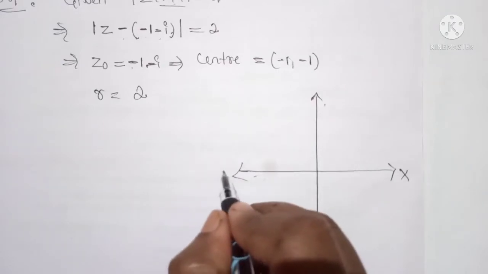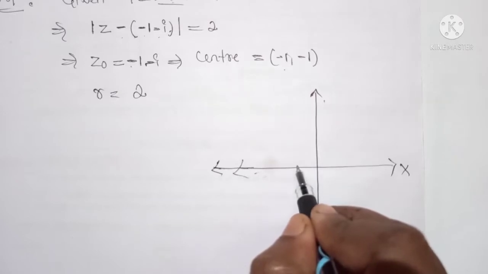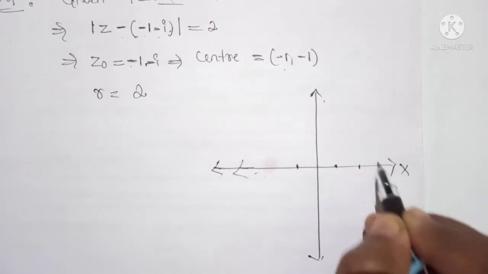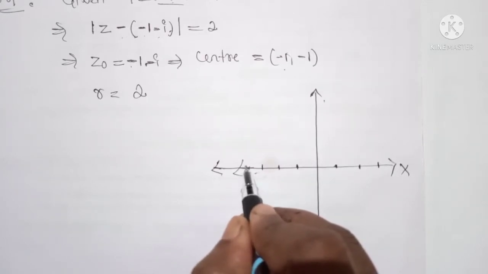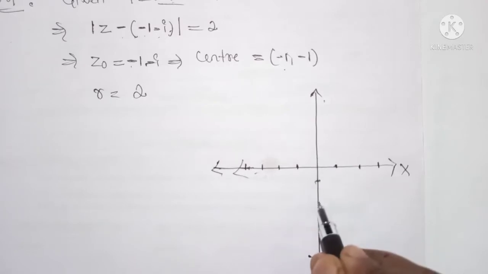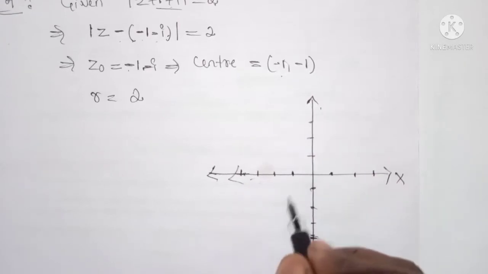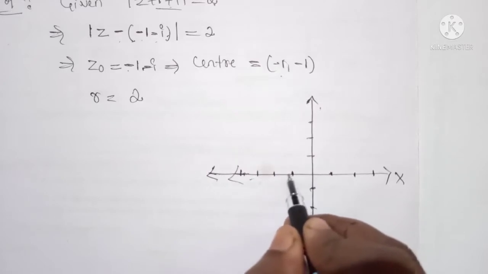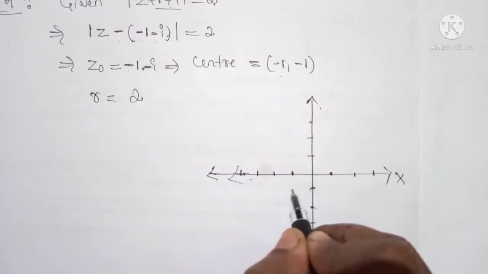First let us denote points roughly. Now center is at minus 1 comma minus 1, so it is minus x axis and minus y axis, so it lies somewhere here.